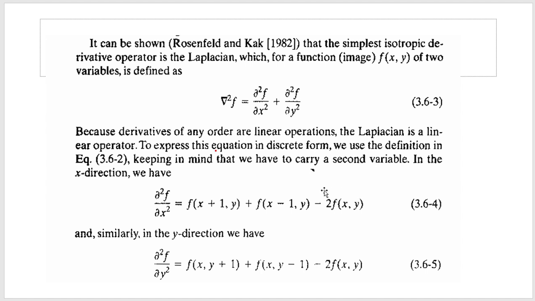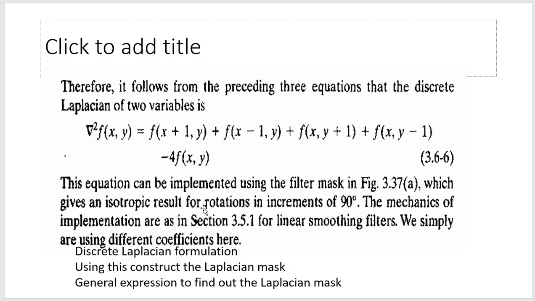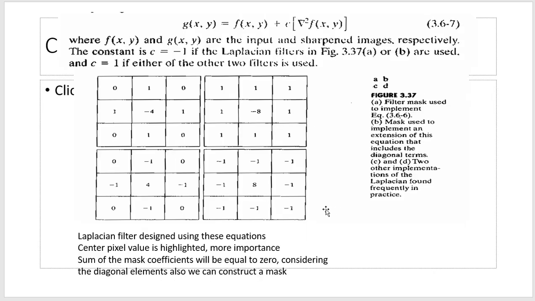Minus 4 is obtained by considering minus 2 plus minus 2. It becomes minus 4. So this equation is implemented using the filter mask and also gives an isotropic result for increments of 90 degrees. So the discrete Laplacian formation is formed.